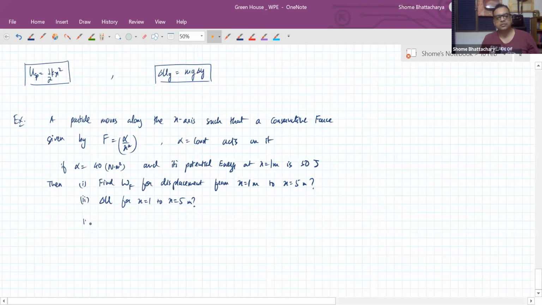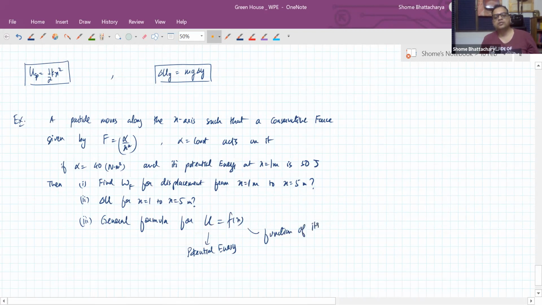And a general formula for potential energy as a function of its x coordinate. That general formula we have to develop.